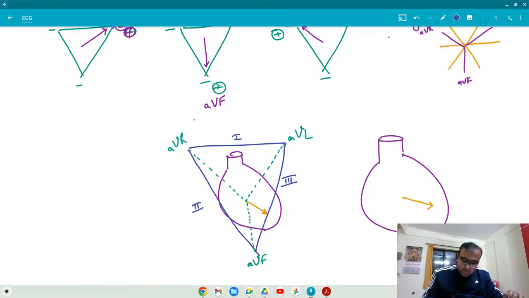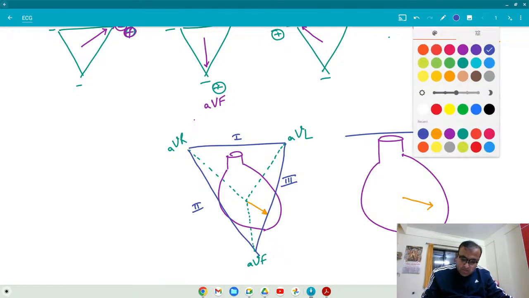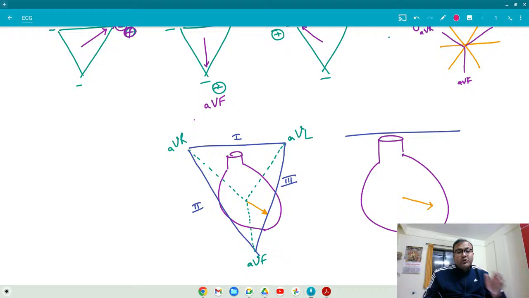Here is lead 1. If you remember from your intermediate class how you used to do vector analysis, you had to drop perpendiculars. So you drop a perpendicular, you drop a perpendicular. Can I say this is the component? What do you think?